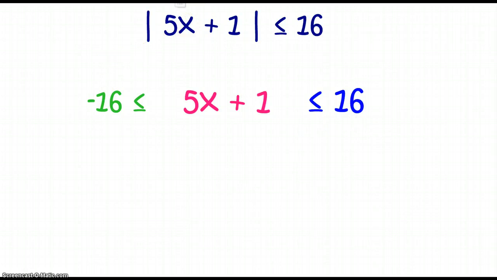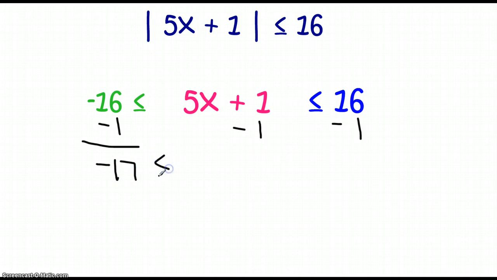Then we're going to solve each one of these. So a review on how to do that. When we have our 3 pieces, we can subtract our 1 from all 3 of those pieces. We're trying to isolate our variable in the middle. So on this left side we have -17 less than or equal to 5x, which is less than or equal to 15.